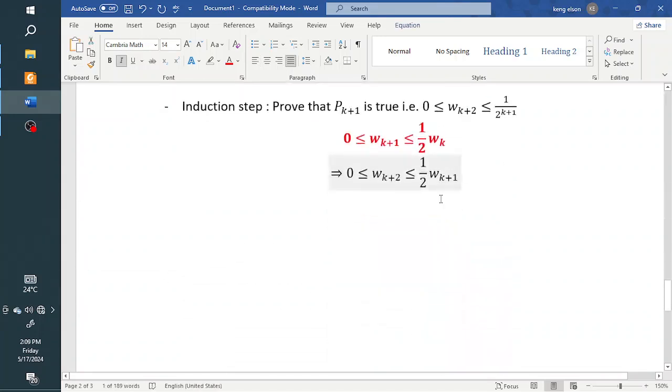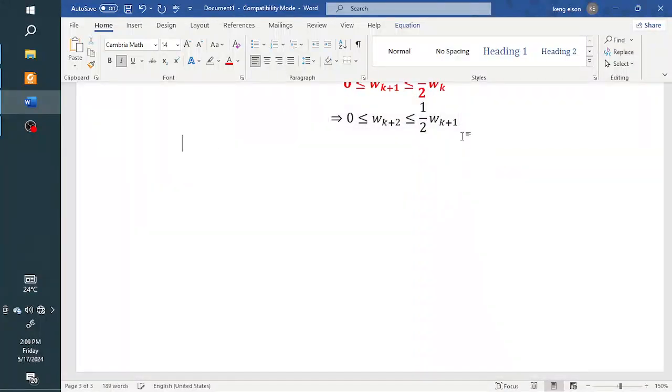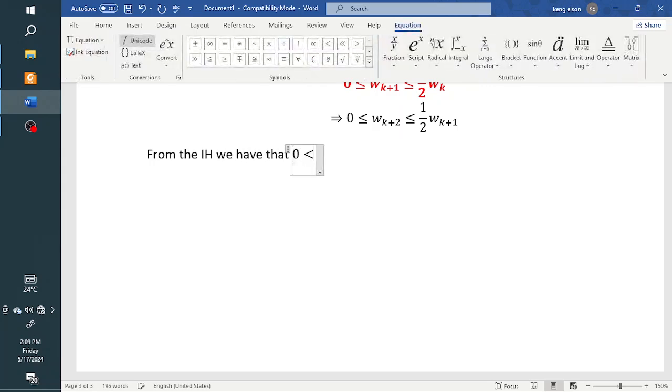1 over 2 to the k. So from the induction hypothesis, we have that 0 is less than or equal to w_{k+1}, less than or equal to 1 over 2 raised to the power k.